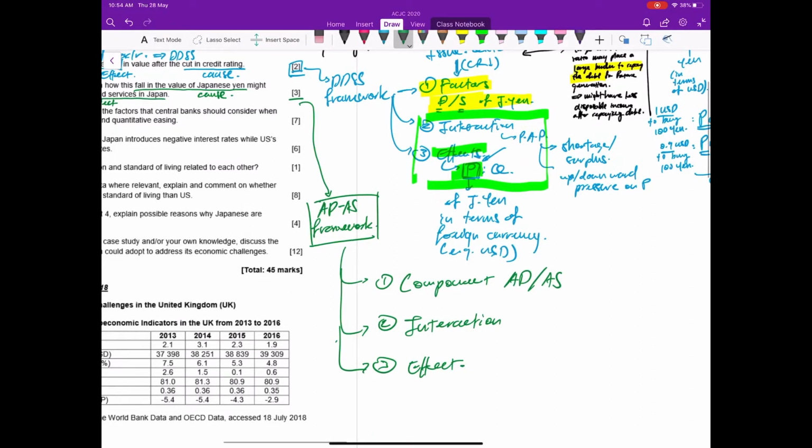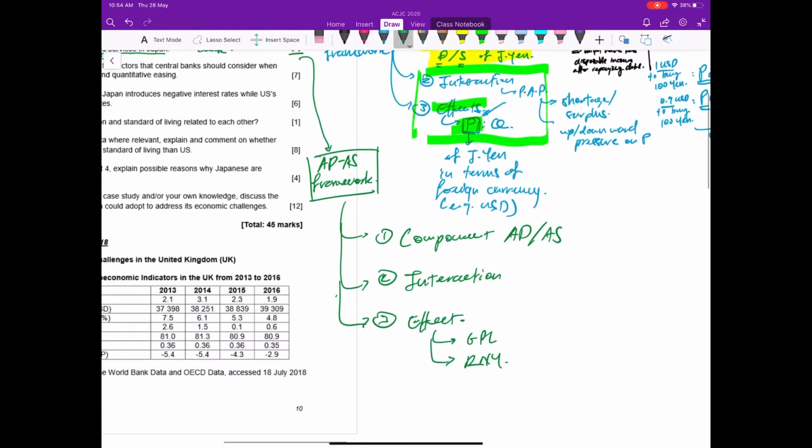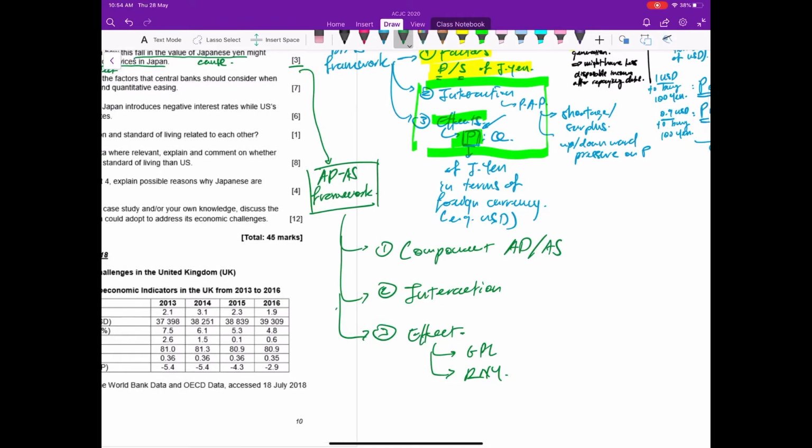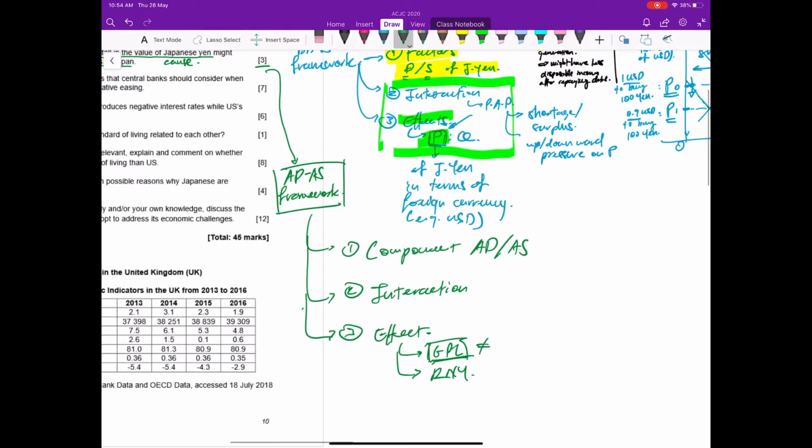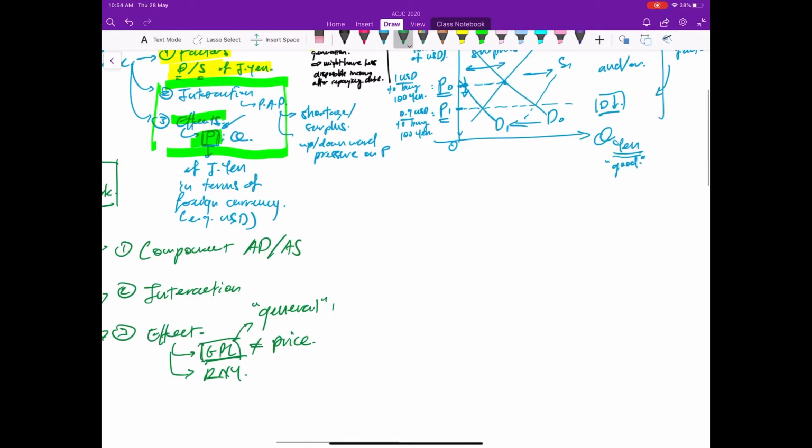And this is where the key difference is: GPL and your real national income. Take note of this variable GPL. It is not the same as price. So GPL is the general price level of all goods and services.